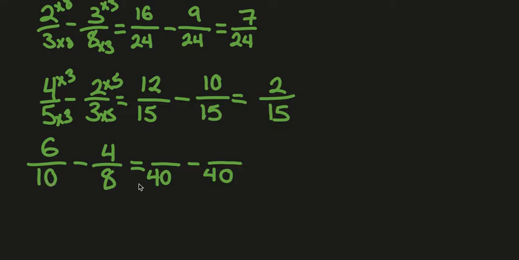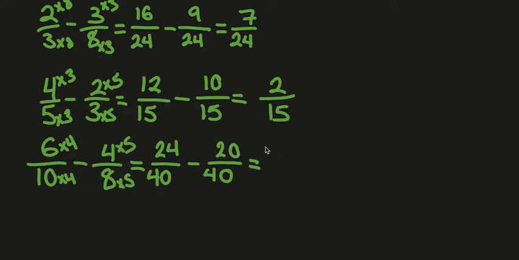To get from 10 to 40, we multiply by 4. And what we do to the bottom, we also need to do to the top. 6 over 10 becomes 24 over 40. To get from 8 to 40, we multiply by 5. We're going to do the same on the top. 4 times 5 is 20.